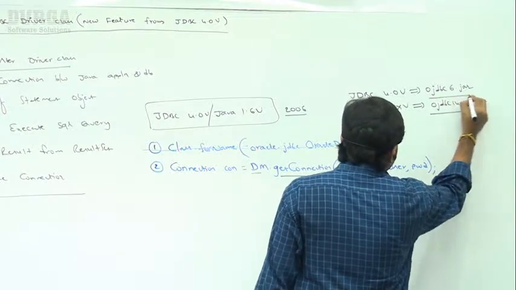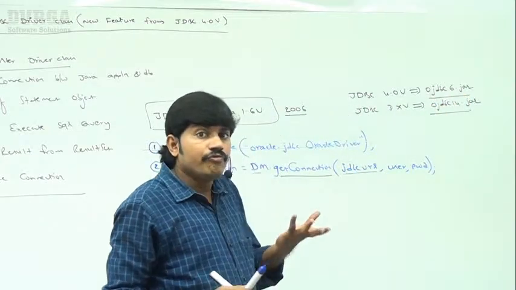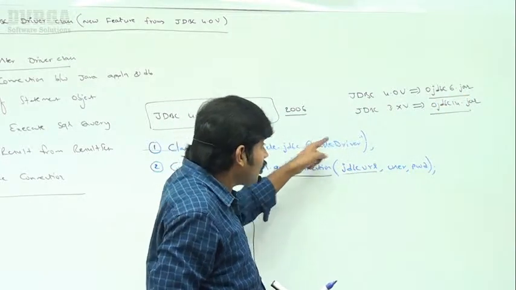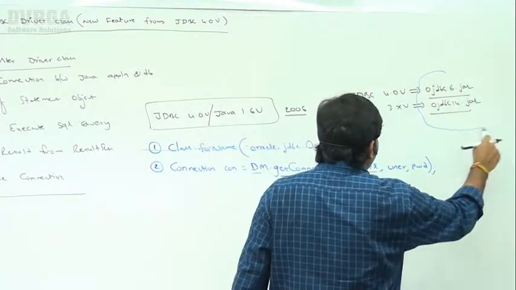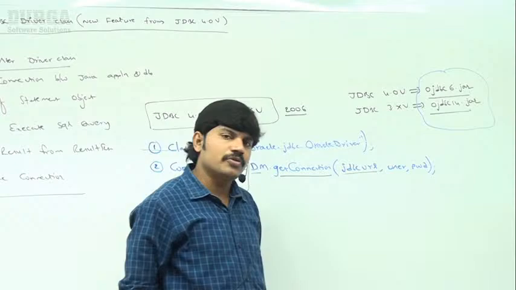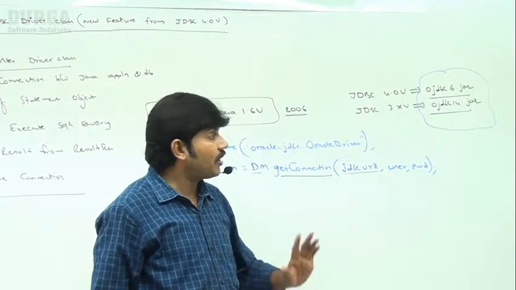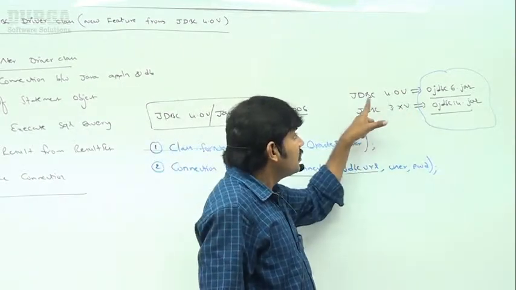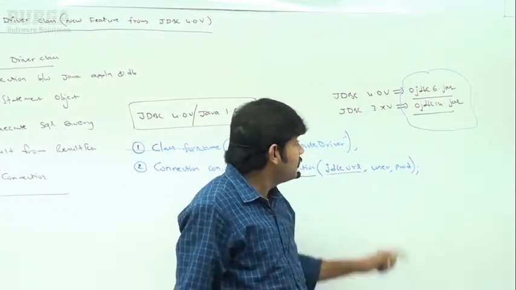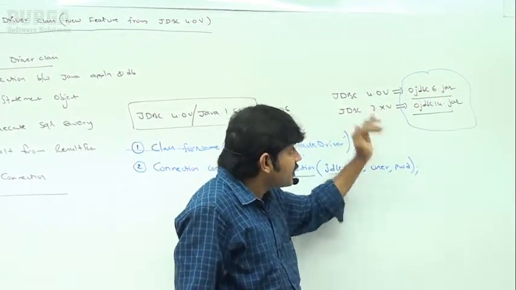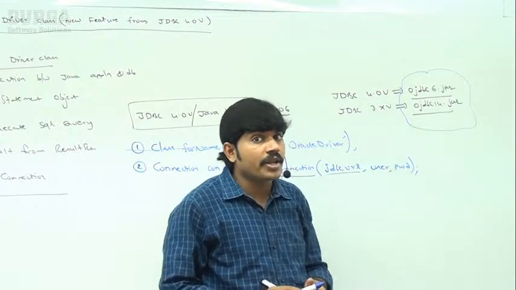Internally, how this auto loading is implemented, if you analyze these two jar files, then you can identify very clearly. Observe a bit carefully. The JDBC 4.0 version jar file is OJDBC6.jar. The JDBC 3.x version jar file is OJDBC14.jar.